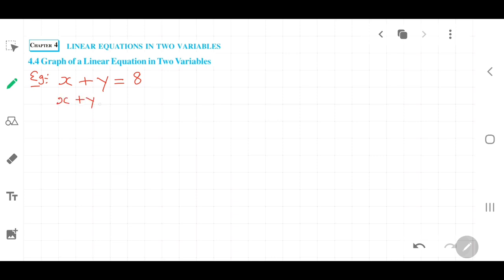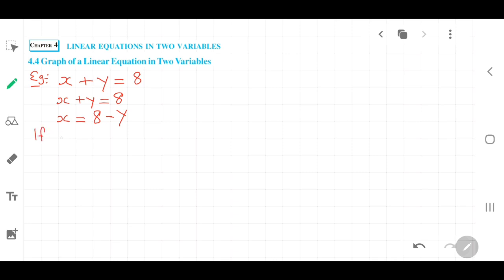So x plus y is equal to 8, and you are finding x. So x will be equal to 8, then plus y, which is on the left hand side, you bring to the right hand side. So the sign will change, it will become minus y. So this is one equation that you have already prepared. x is equal to 8 minus y, correct?